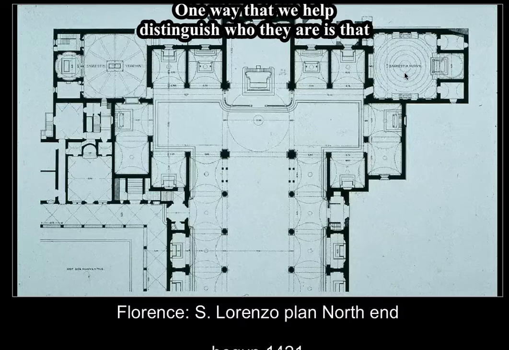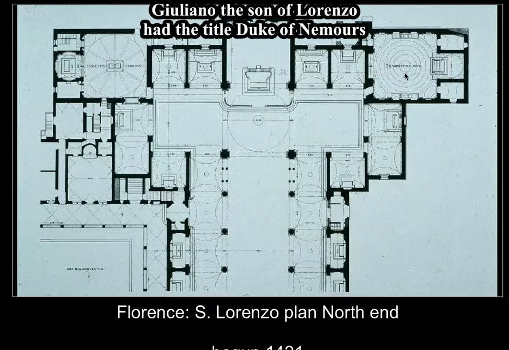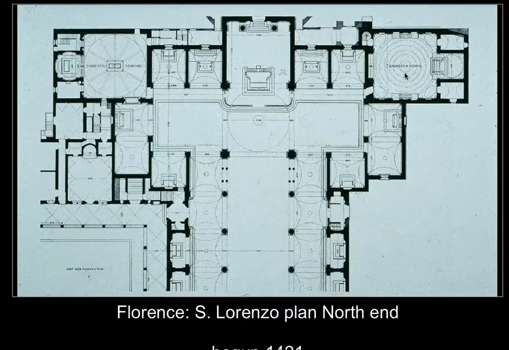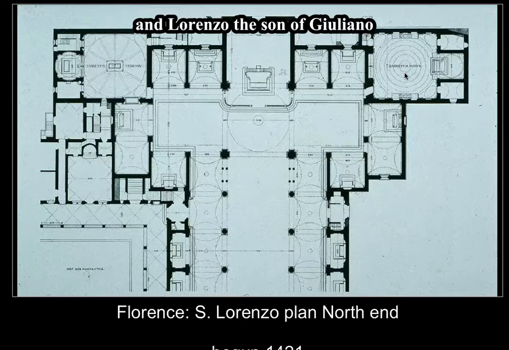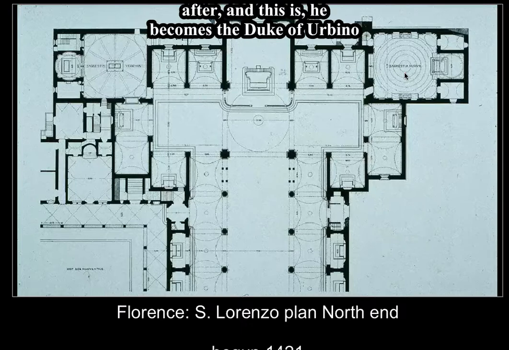One way that we help distinguish who they are is that Giuliano, the son of Lorenzo, had the title Duke of Nemours, and Lorenzo, the son of Giuliano, had the title of Duke of Urbino.